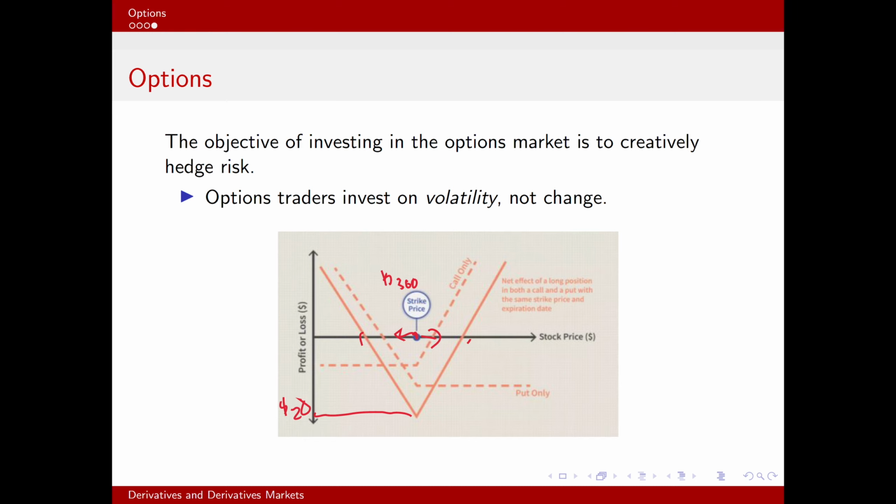If Apple increases to $310, the call contract is at its break-even point, but you're still down $10. If it moves down to $290, then the put contract is at its break-even point. But on the other hand, for both other contracts, they would expire out of the money.